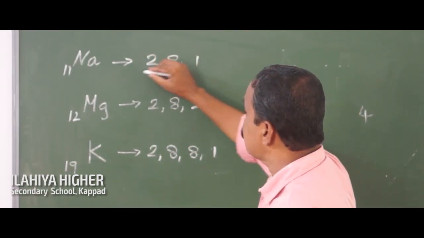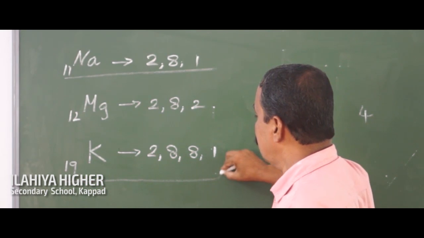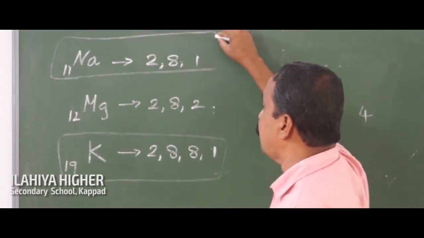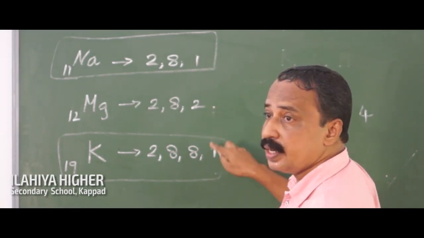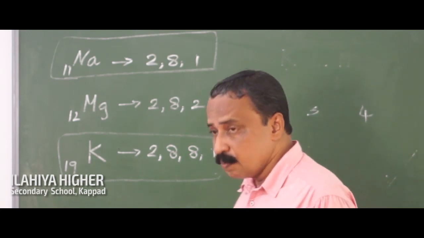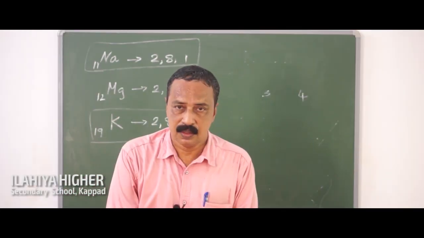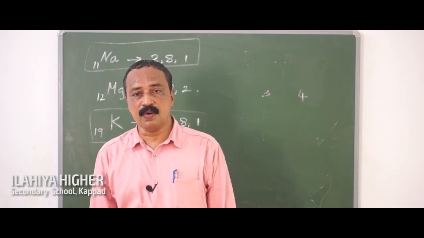In sodium and potassium, the outermost orbit contains one electron. So sodium and potassium belong to the first group of the periodic table.